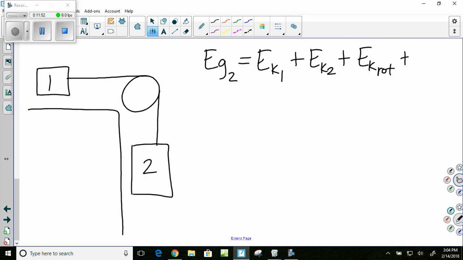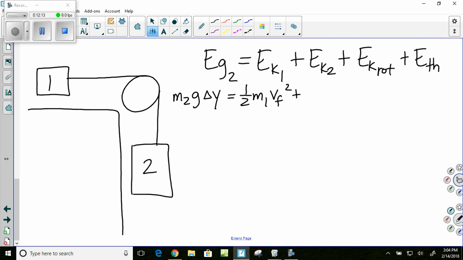Okay. So now I go through and I substitute everything I know. This is mass 2 times g times delta y. This is 1/2 mass 1 times velocity final squared. This is 1/2 mass 2 times velocity final squared.